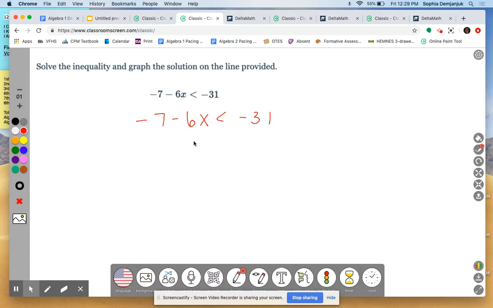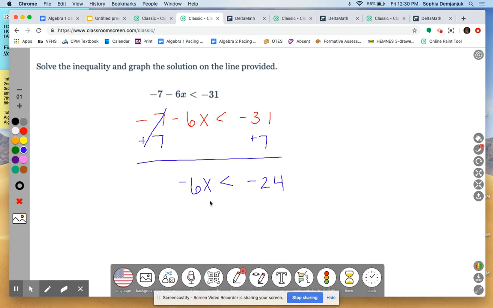So I'm going to start by getting the -7 to the other side. It's negative, so to get it to the other side of my inequality, I will add 7. -7, +7 cancels out. We're left with -6x on the left side is less than -31 plus 7, which gives me -24.